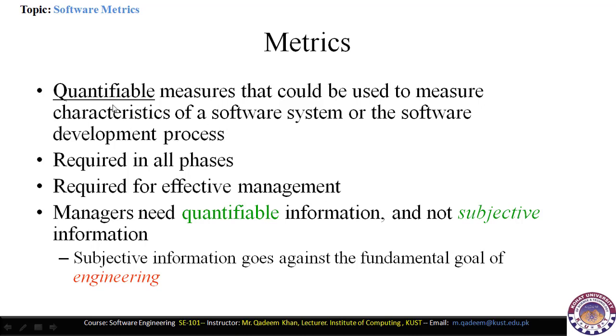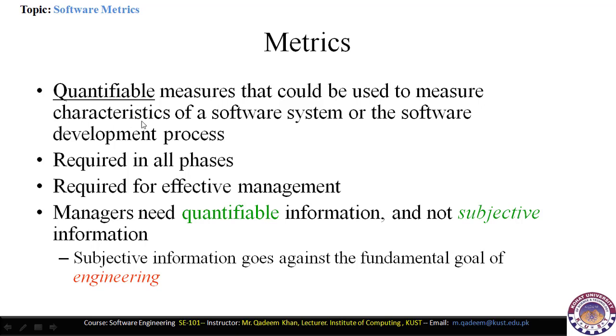So a metric is a quantifiable measurement that can be taken for certain characteristics of software systems or the software development process. Characteristics means, for example, size is one of the characteristics. Similarly, defect removal efficiency is one of the characteristics. Similarly, line of code is another characteristic.